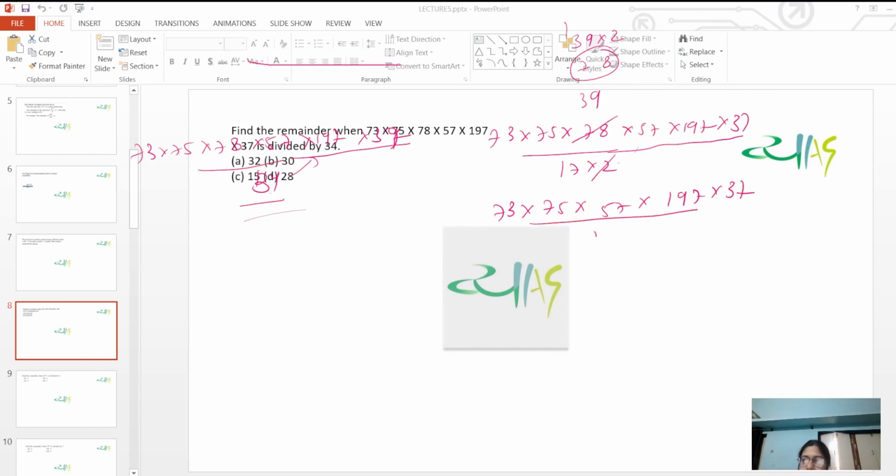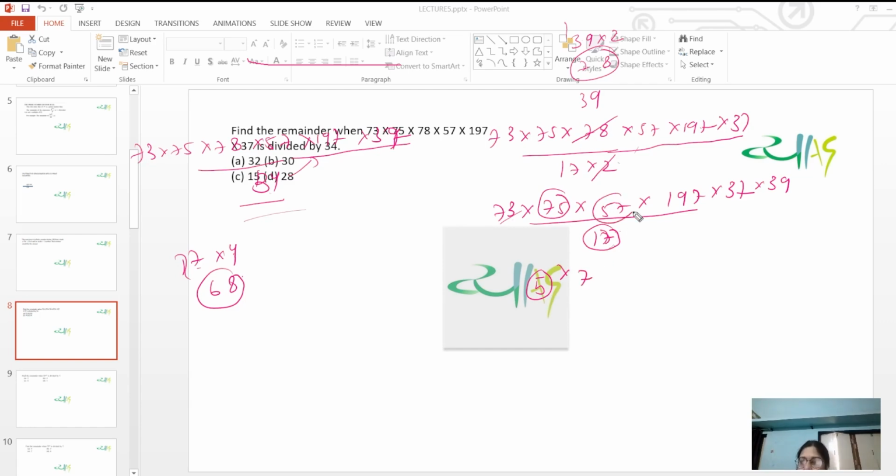All right, and we have to divide this by 17. What is the remainder we are getting? So 17 into 4 is what? 7 4s are 28 to 68. So when divided by this, you will get 5 as remainder for 73. And there is 39 as well here. This is 75, so you will get 7 as remainder here.